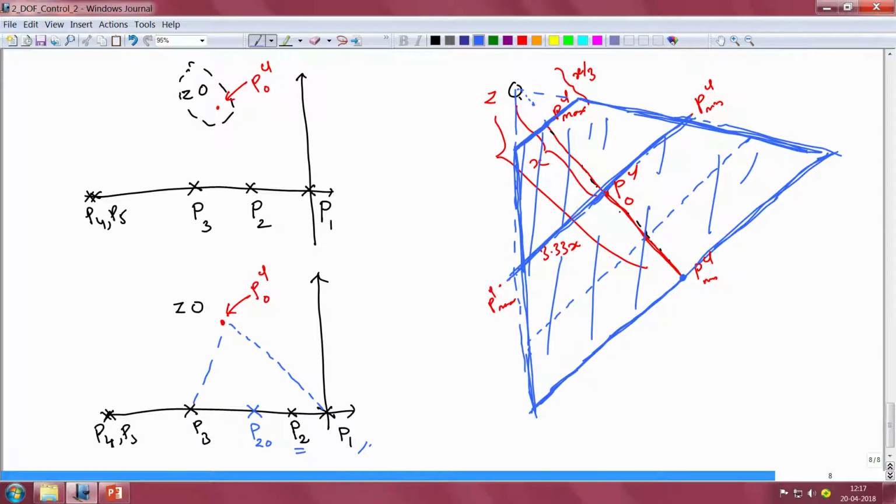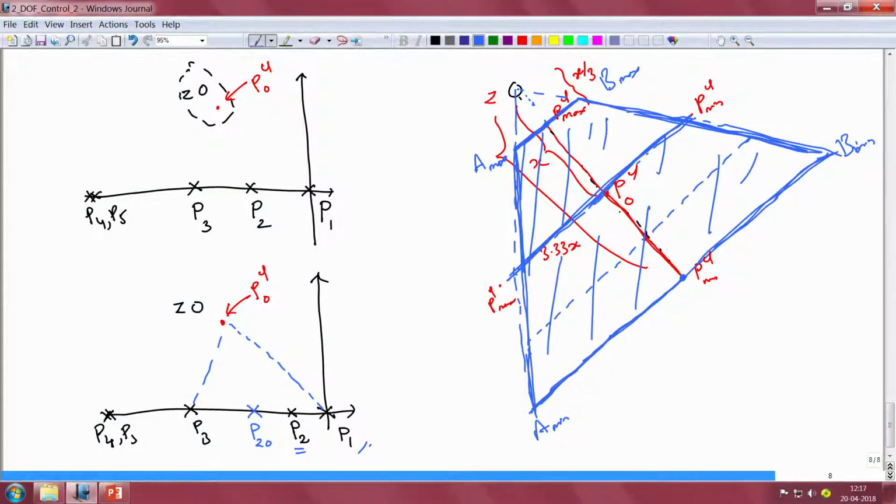For the sake of geometric calculations, let us name the corners of this quadrilateral as A max, B max, A min, B min. One way to approach this problem of restricting the variation of the closed loop pole to within 0.04 units is to determine which of the diagonals of this quadrilateral is the longest.